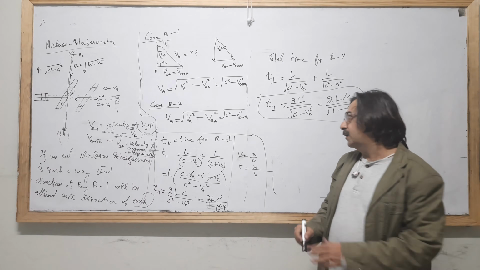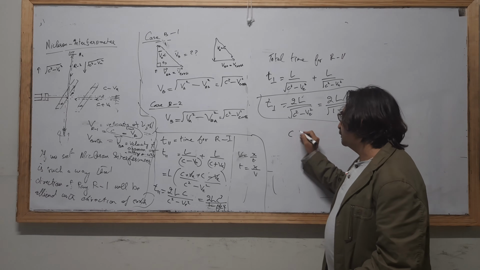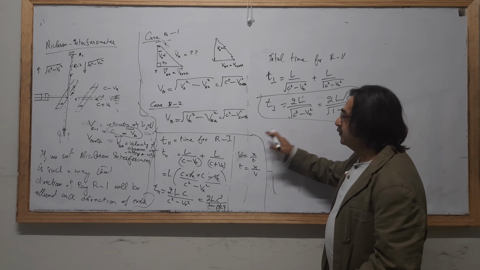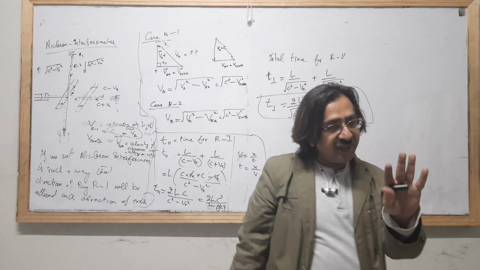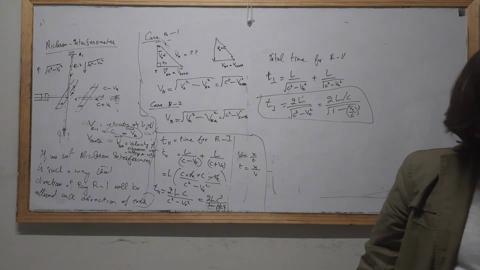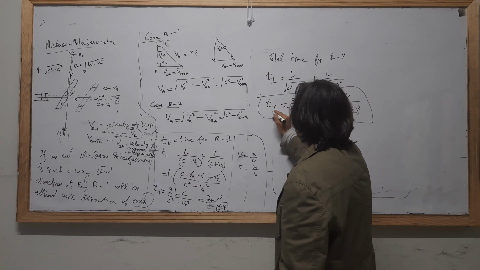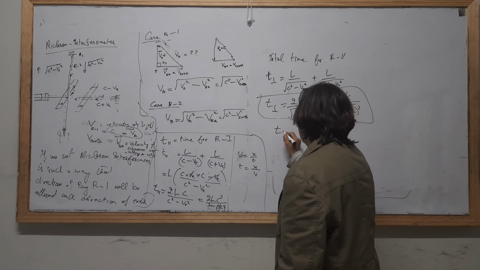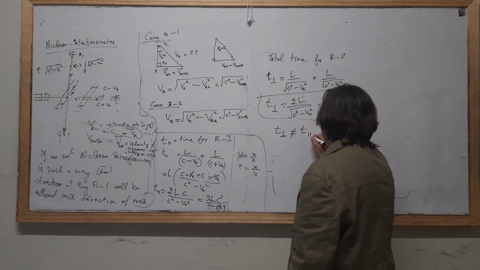That's why it is proved that the speed for both observers, whether moving here or here, is the same. So here we are observing T is not equal to T parallel.